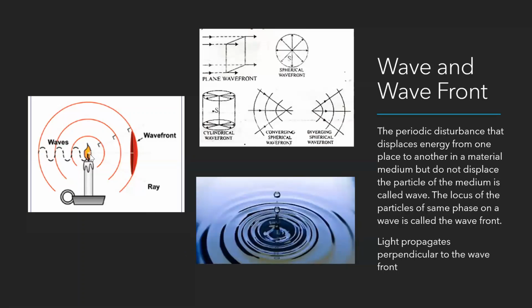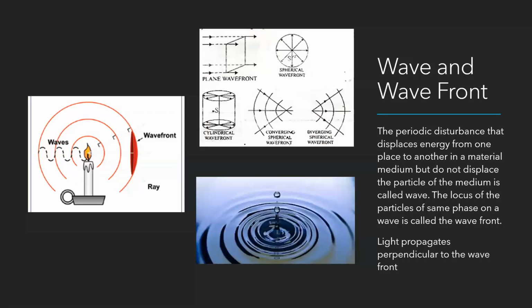Here the light rays travel radially outwards along the sphere, and the wavefronts are spherical, which means the wavefronts and the direction of the light rays are perpendicular to each other. Here there is a figure that shows different types of sources of light, how the light rays go, and the shape of the wavefront.